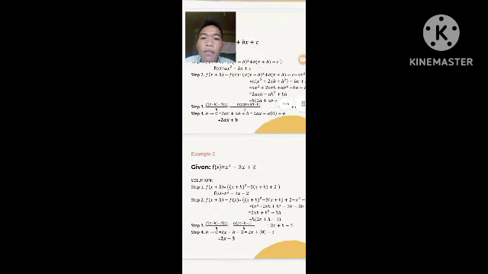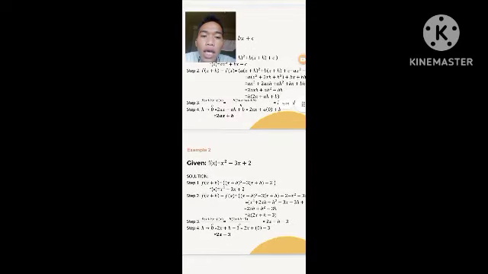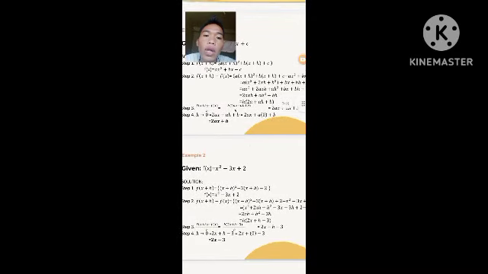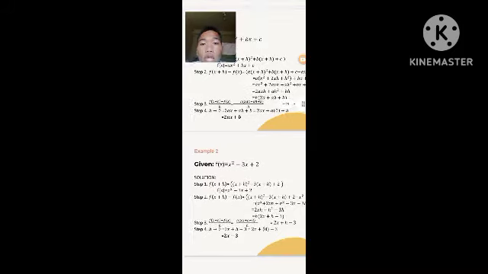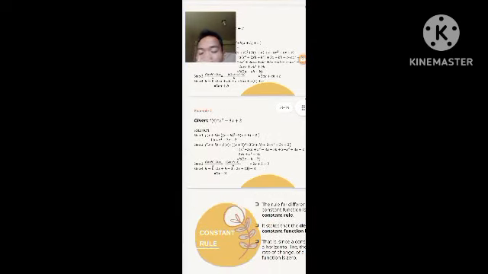In step 4, h approaches 0, so we swap the h into 0. So 2ax plus ah plus b equals 2ax plus a times 0 plus b. a times 0 is 0. So 2ax plus b. So that was the 4-step rule.